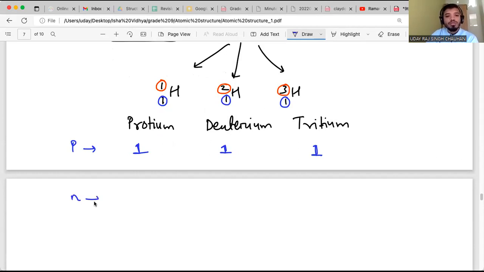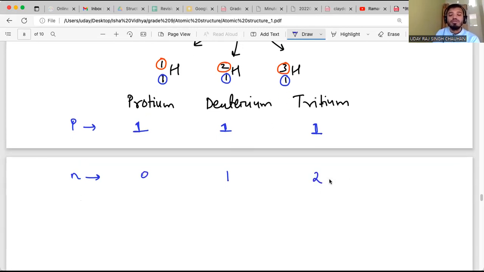Number of neutrons: from the mass number, you subtract the atomic number. 1 minus 1 is 0, 2 minus 1 is 1, and 3 minus 1 is 2. These are the number of neutrons. This is your atomic number, and mass number is obvious: 1, 2, and 3.